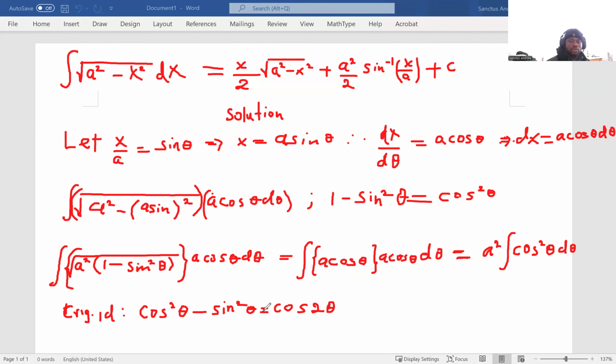Please recall there is another trigonometric identity that is this.